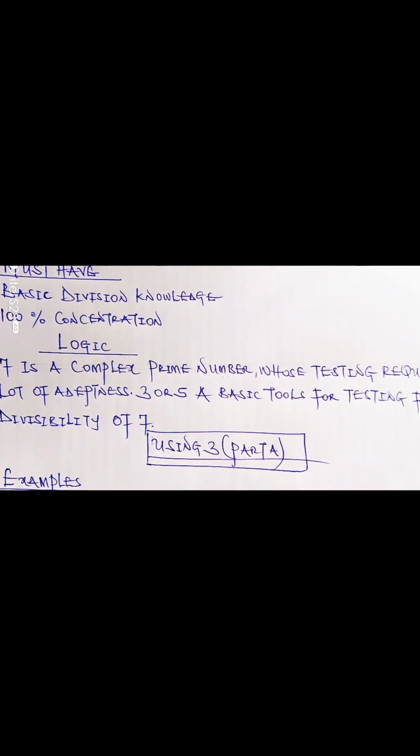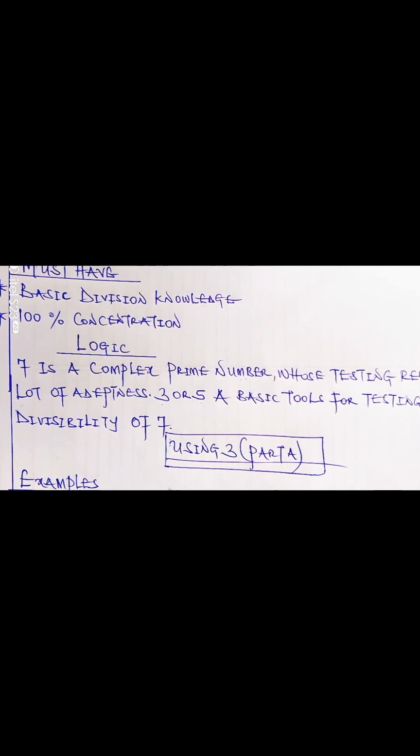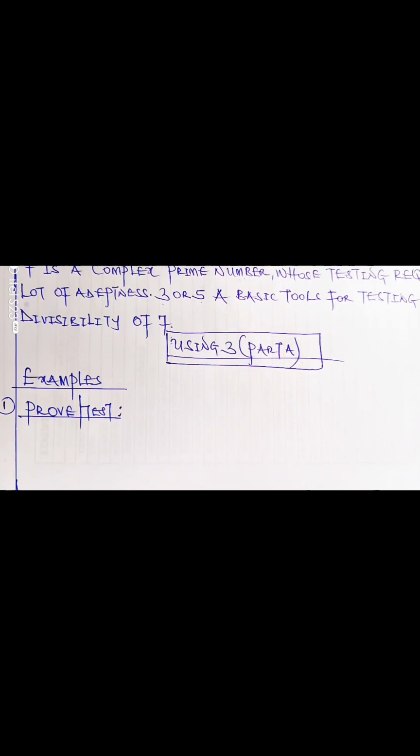So for us to know if 7 will divide a number, it is very important to know that 3 and 5 are the basic tools we have to use to test if 7 will divide a number or not. Don't forget, 7 is quite a complex number and it requires a lot of concentration to be able to tell if it will divide another number perfectly without remainder or if there will surely be a remainder. Here are a couple of examples we're going to be looking at today.